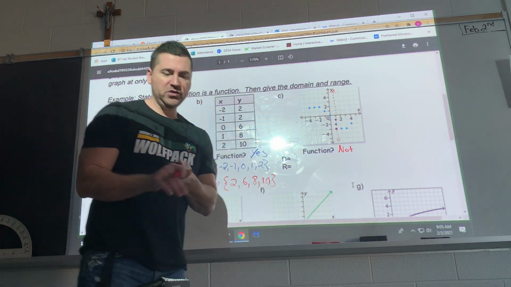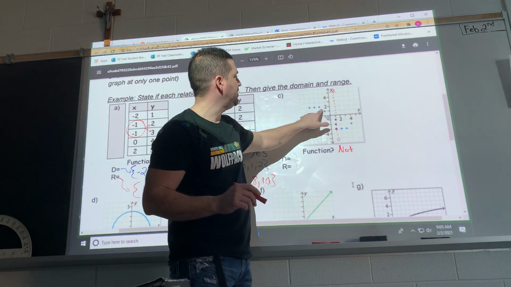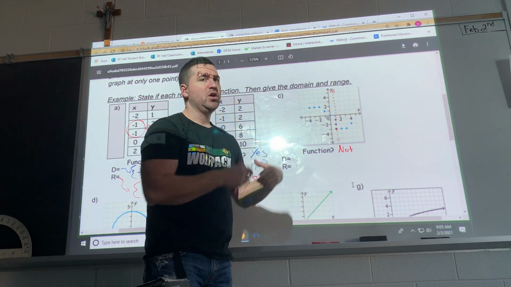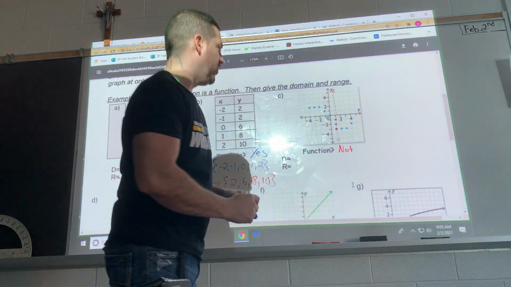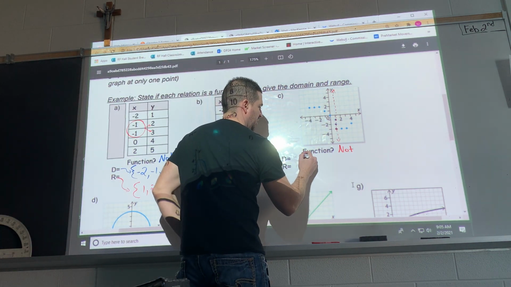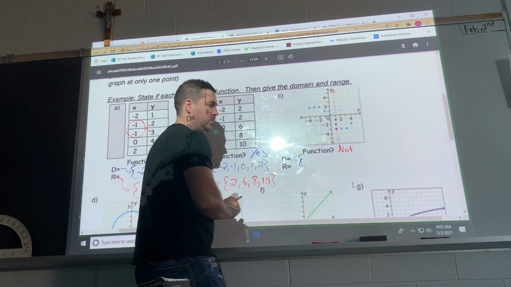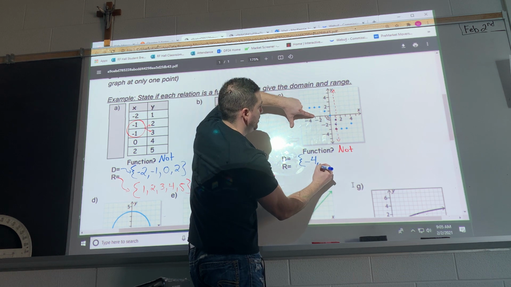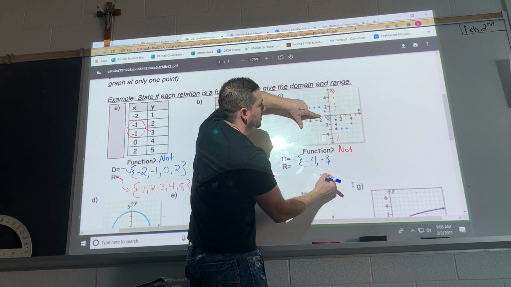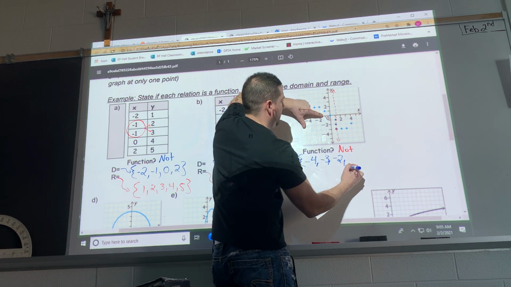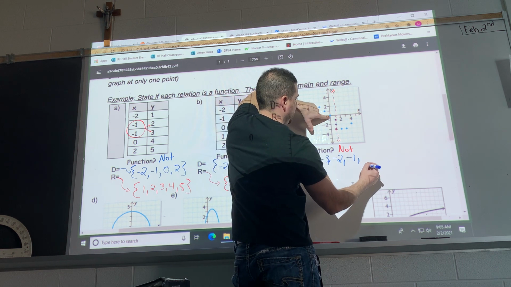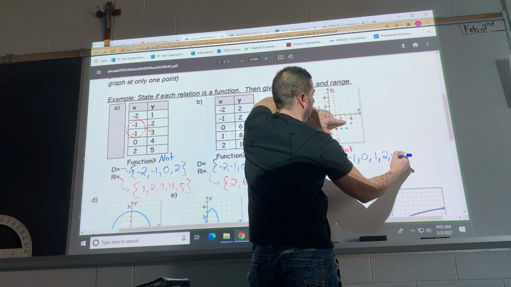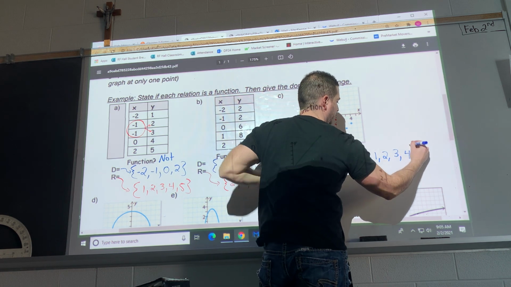Domain and range, again, since these are just points, just like the first two, we list out the actual points. So domain is your x values. So we have a point for -4, -3, -2, -1, 0, +1, +2, +3, and +4.